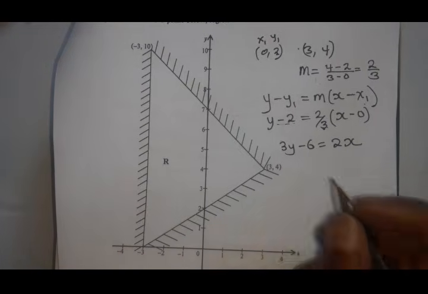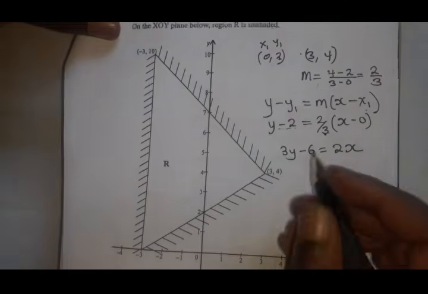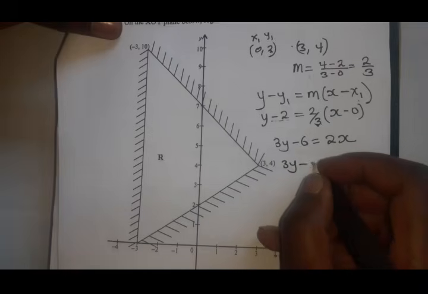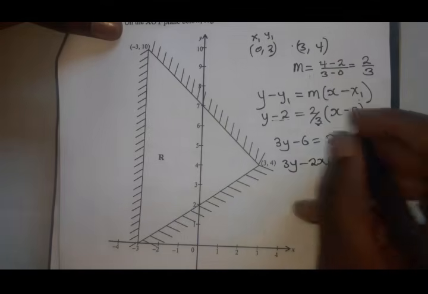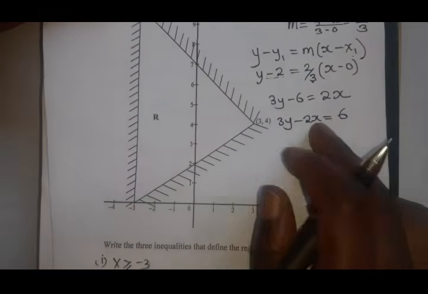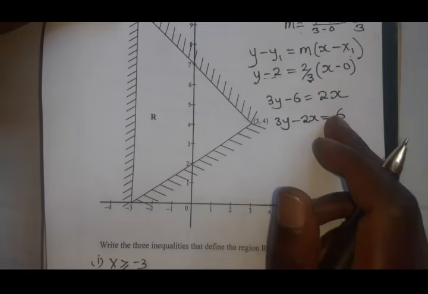So we can rewrite this as 3y minus 2x is equal to, the 6 should come this side. It's one and the same thing. Then now this is an equation, so we need the inequality now. What symbol are we going to put here where there's an equal sign?